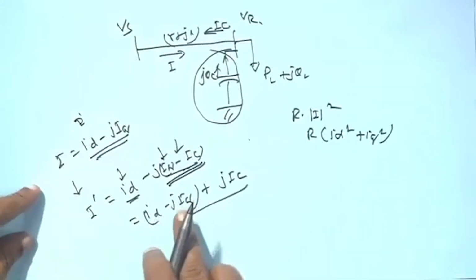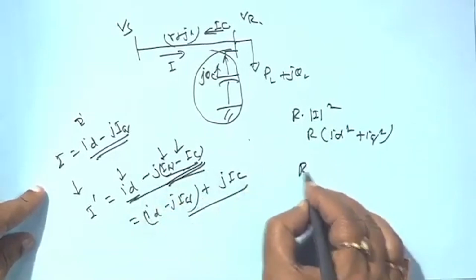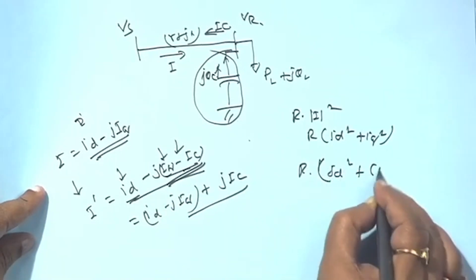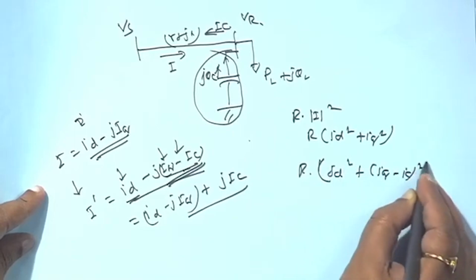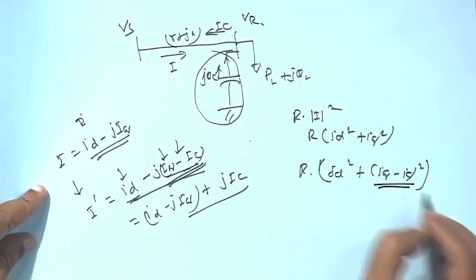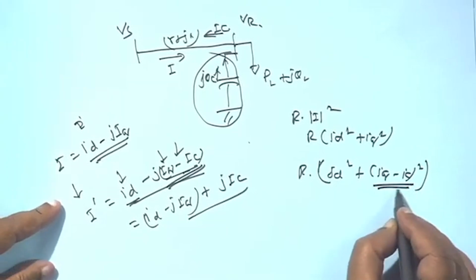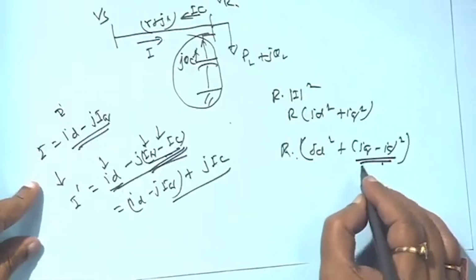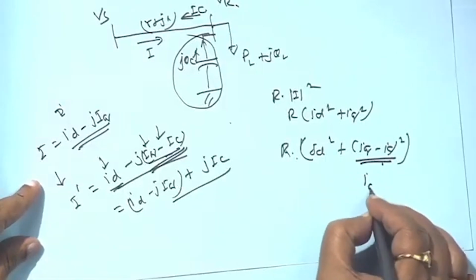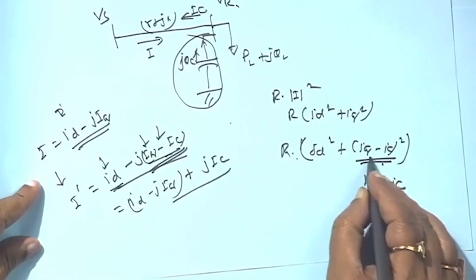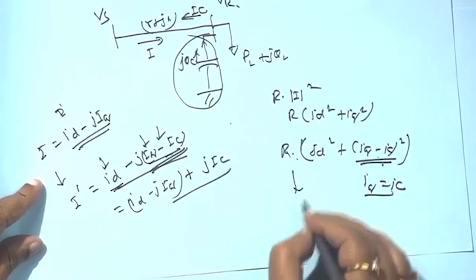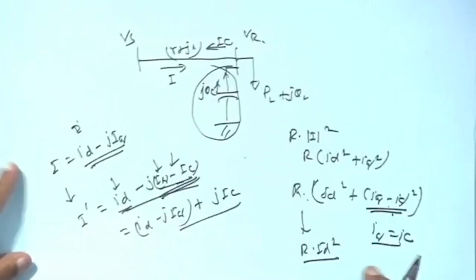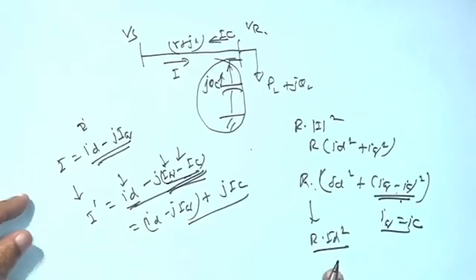As soon as you put the capacitor, the loss will actually be, in the bracket I can write, Id square plus Iq minus Ic square, right, because this part is getting decreased. That is why the power loss will reduce. But listen to one thing: theoretically you can make Iq equal to Ic, that means this part will be 0. That means R into Id square, this loss will remain in the circuit, that is the inherent property of any circuit, common circuit, right.